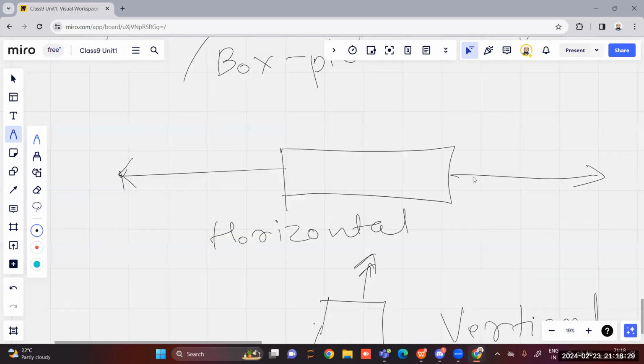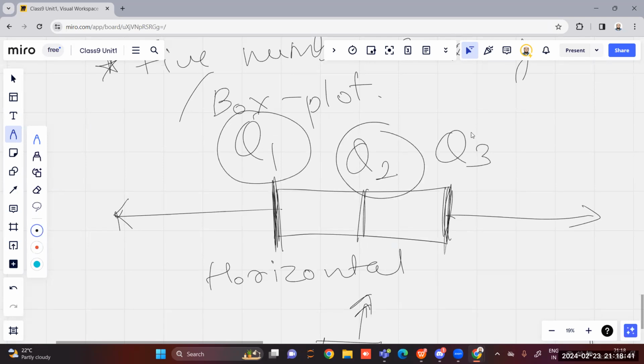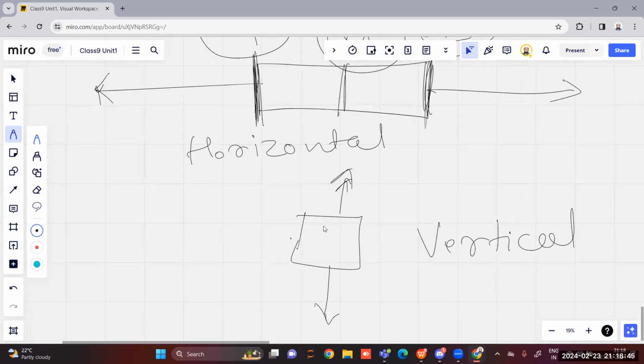See, this line is Q1. This line is Q3. And in the middle will come Q2. It's very easy to plot. Same thing here: the upper thing will be Q1, the between will be Q2 and the last one will be Q3. Is it easy or not?